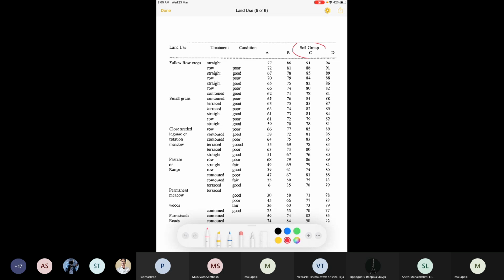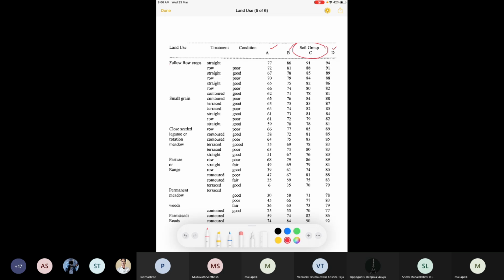So this is for soil group C, or soil group D, soil group B, soil group A. Based on the soil group, and then land use like fallow, row crops, small grains, close-seeded, pasture land, and all. The treatment is the crop treatment, like straight row or contoured, whether the area has been contoured or not.